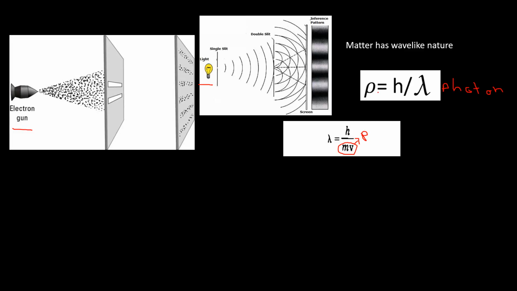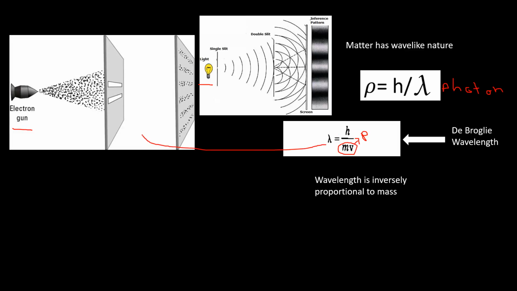So, for photons, momentum equals h over wavelength. For matter, wavelength equals h over momentum, or h over mass times velocity. As you see in this equation, wavelength is inversely proportional to mass. So, an object must have very small mass to have a considerable wavelength. This wavelength, which is for matter, is called the de Broglie wavelength.